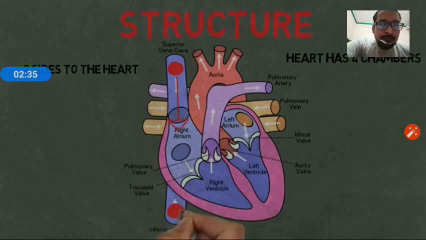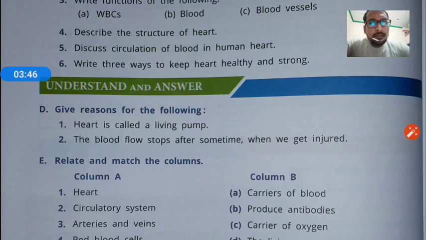From the left ventricle it is pumped to the aorta. The aorta is shown in a light red, skin color in this diagram.